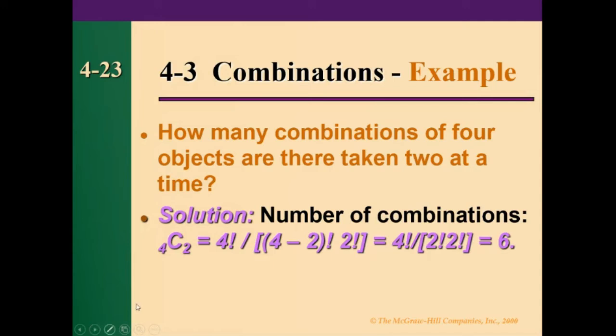So, 4, tapos 2 at a time, kaya 4C2. Ayan. Pag sinunod nyo siya, makukuha nyo is 6. Okay? Kung marunong na kayong gumamit ng permutation and combination sa calculator, that's good. Kung hindi naman, pwede kayo mag-message sa akin, send me a private message, and then we'll talk about it.